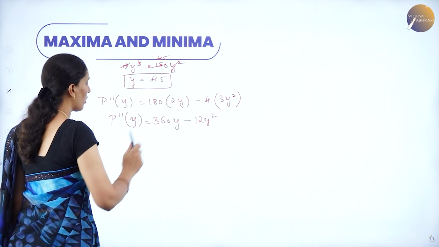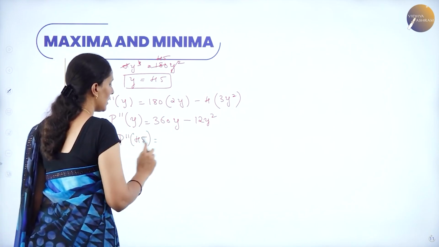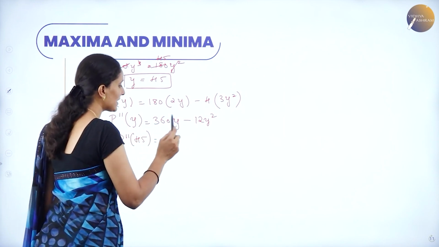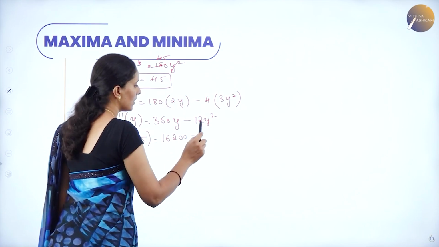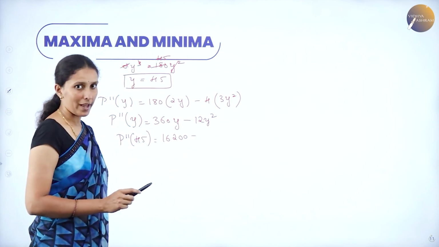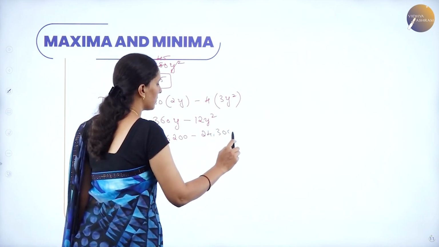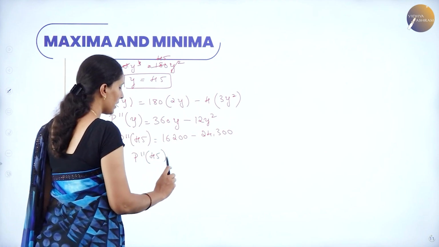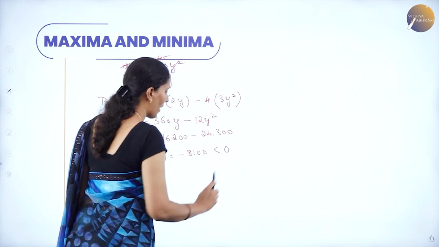Put y is equal to 45 here. So, P double dash of 45 is equal to 360 into 45, which becomes 16,200, minus 12 into 45 square, which becomes 24,300. On solving this, we get P double dash of 45 is minus 8,100, which is a negative value.